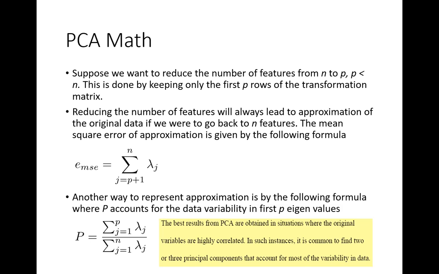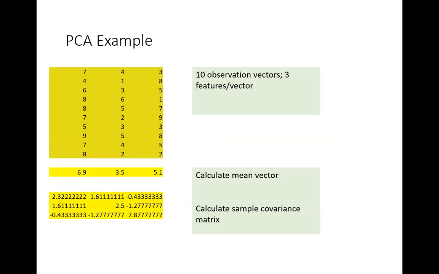But if your data already has no correlation, then there is nothing for PCA to do. So PCA is going to give you dimensionality reduction only in those situations where the data shows some correlation among different features. So that's an important point. So with that, let's take an example.